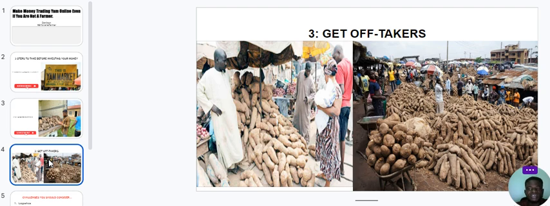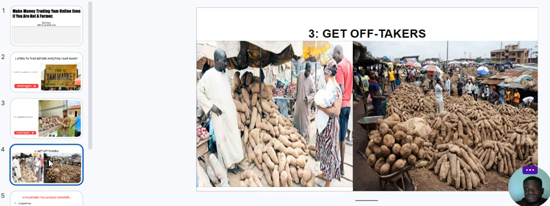When I got to the market, I discovered that they have an association that I must join. And as a new person, even when you join it, you will not be able to move with them easily. So I discovered that the best way is that, and sometimes when you want to get off-takers in the market, they prefer that when you bring it as a newcomer, you should give it to them. They will sell and share the money with you.